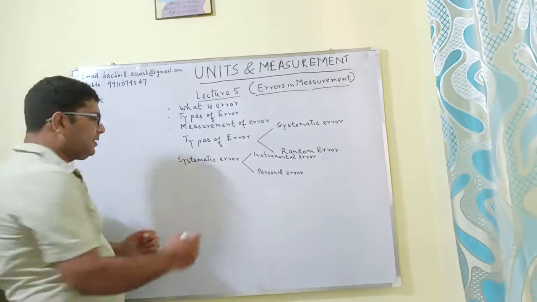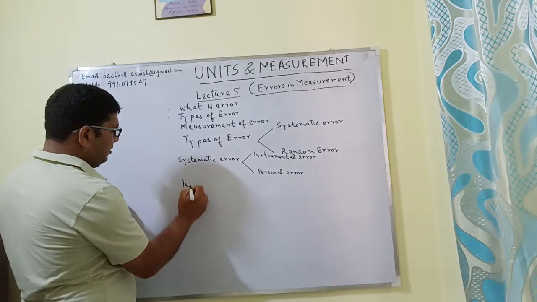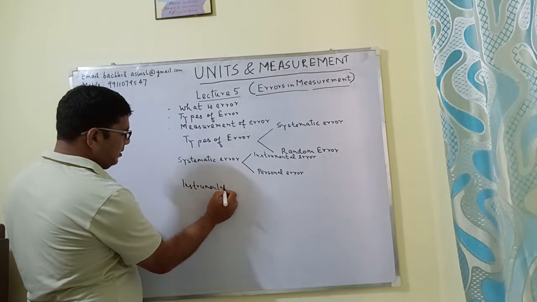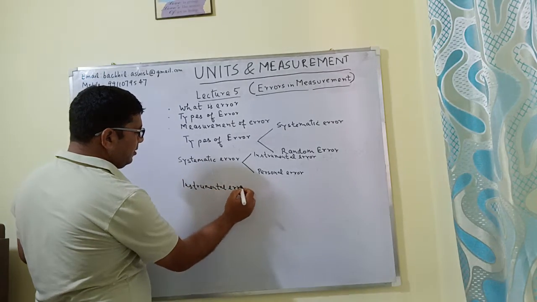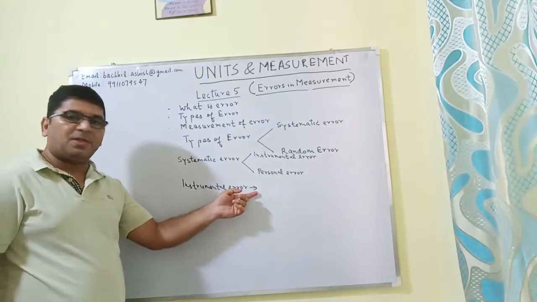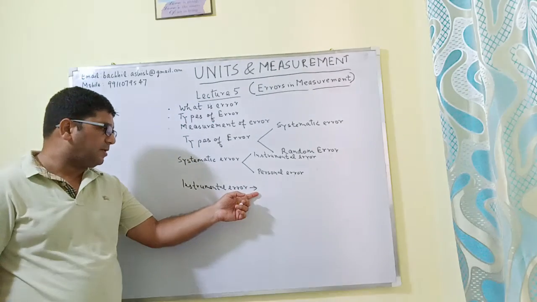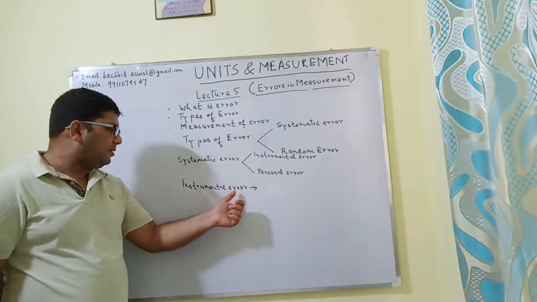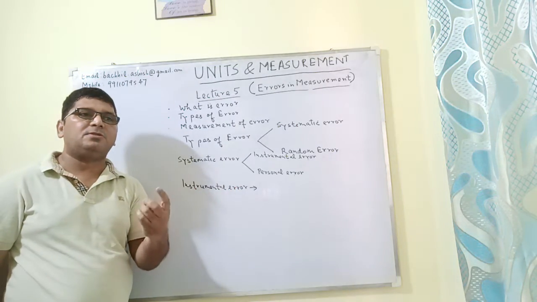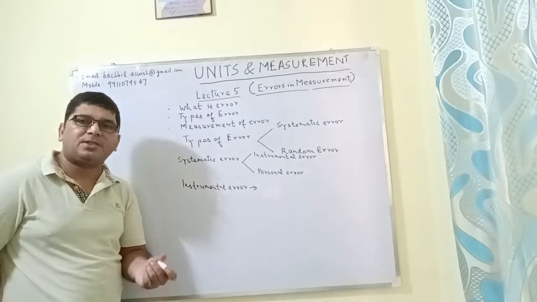The instrumental error arises because of the measuring instruments. Instrumental errors are basically due to the zero error in the measuring instrument.